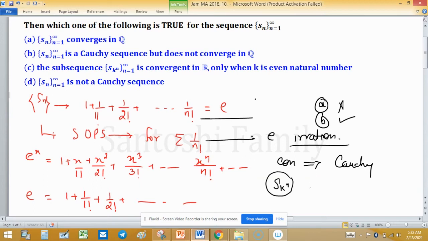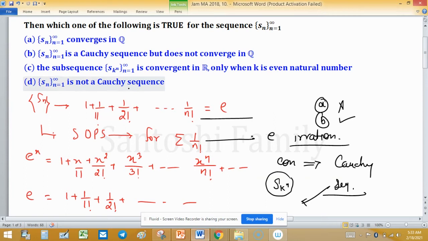No, because of the word only. If a sequence is convergent, then all its subsequences, whether for even, odd, or whatever, will converge, and they will converge to the same number. But because of the word only, option C is discarded.